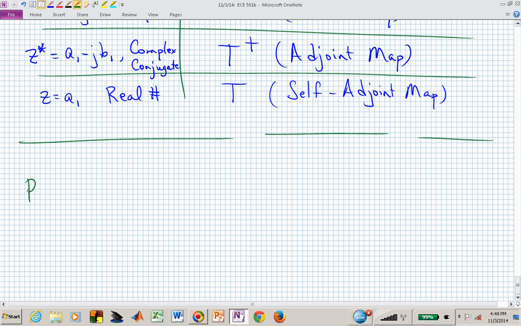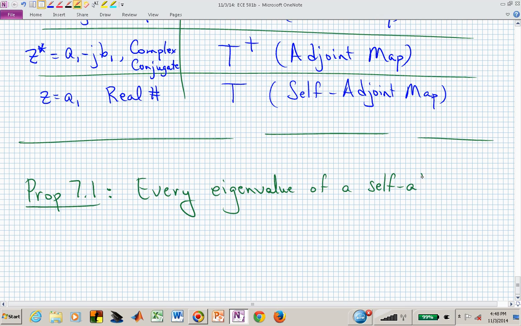Proposition 1 in chapter 7, proposition 7.1 says that every eigenvalue of a self-adjoint operator is in fact real.